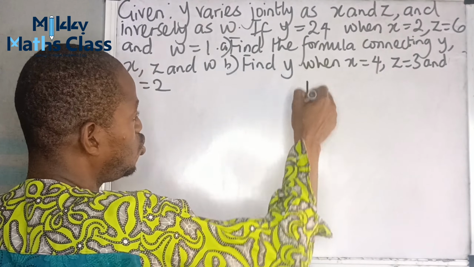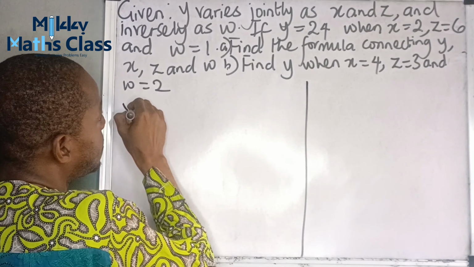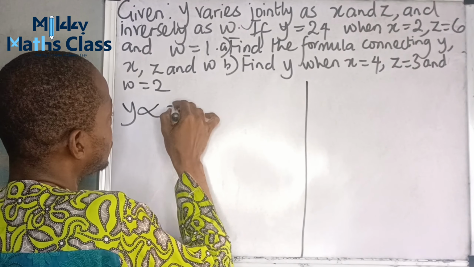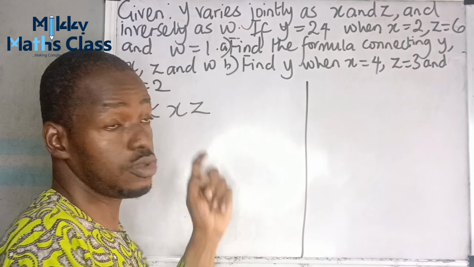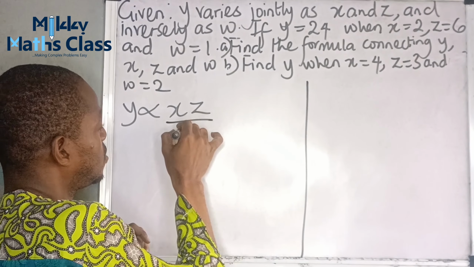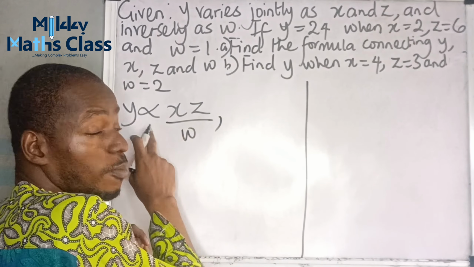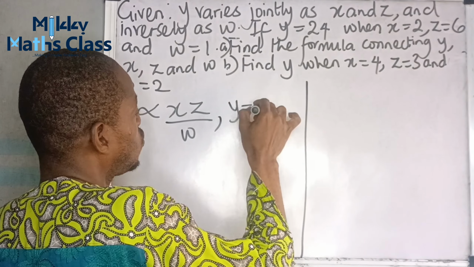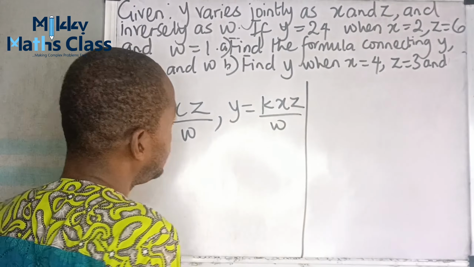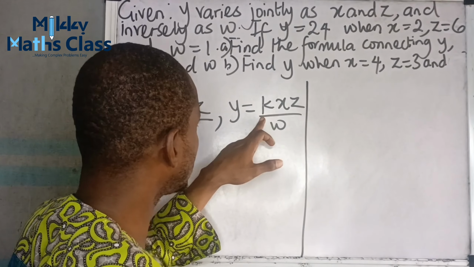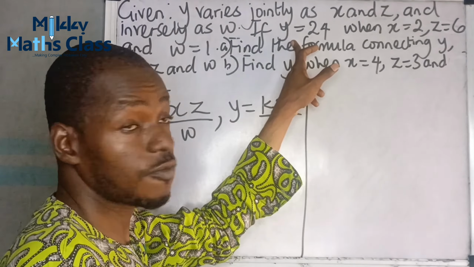So the first thing we do, our y varies jointly as x and z, but inversely as w. That's x times z over w. So remove the proportion sign. So y will be equal to kxz over w. Now let's find the constant given the first set of information.